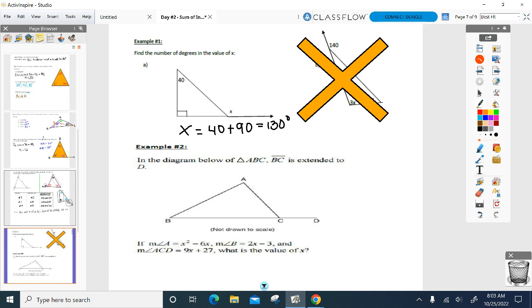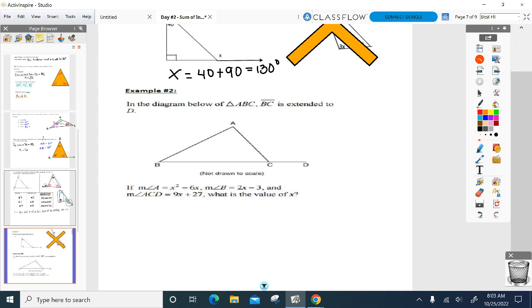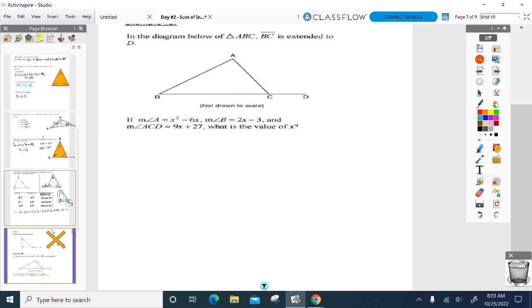I'm so happy for example 2. You're going to be so miserable after we do it. All right, here we go. Might need to stretch for this one. Angle A, x squared minus 6x. Oh boy, that's not looking pretty already, huh? I love it.